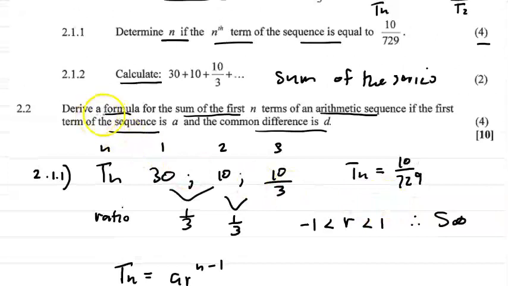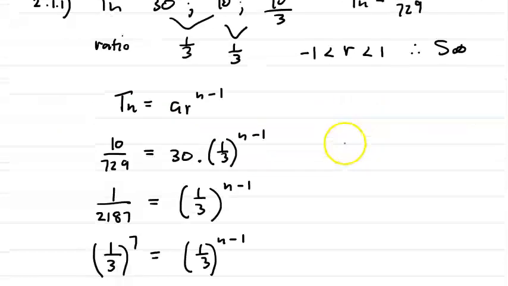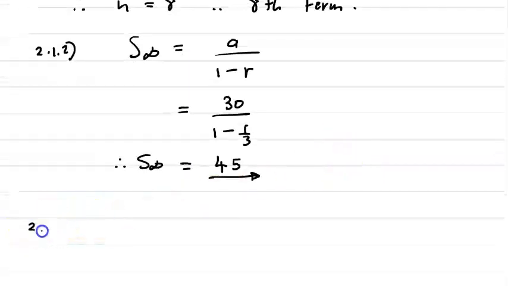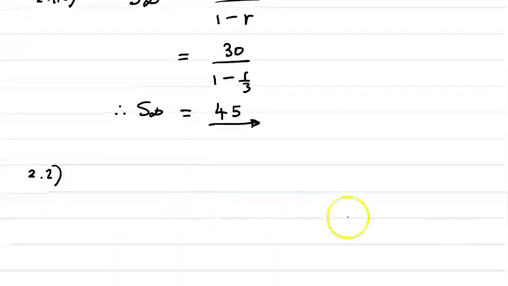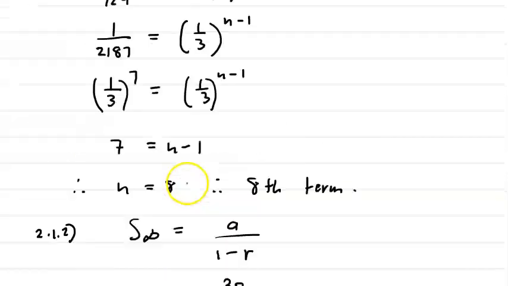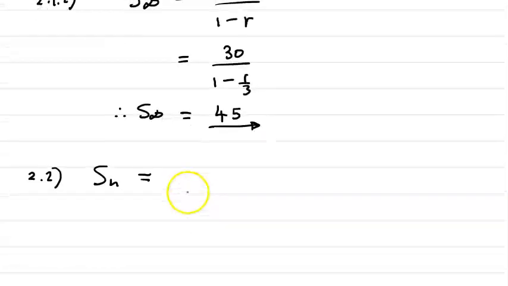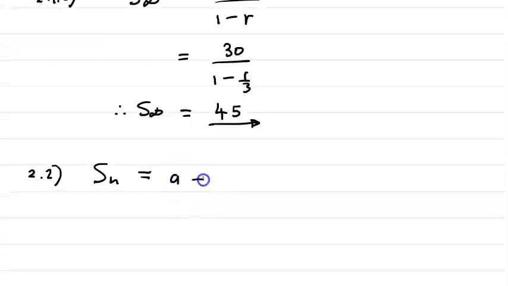In the next question, it says, derive a formula for the sum of the first n terms of an arithmetic sequence if the first term of the sequence is a, and the common difference is d. So for 2.2, this is one of the proofs that we need to learn for the examination. So my first step would be to expand the sequence of the sum to n terms of an arithmetic sequence. So I'm going to write it as follows. The first term is a, second term will be a plus the common difference d.